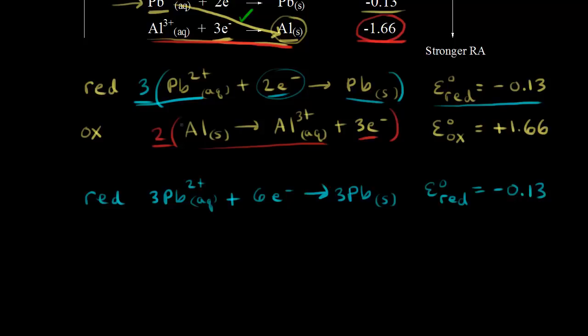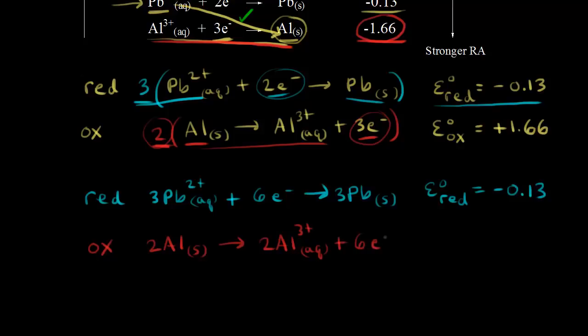All right, let's do our next half reaction, so our oxidation half reaction. So we would have 2 aluminum, and then this is going to give us 2Al3 plus and 6 electrons. 2 times 3 gives us 6 electrons. And once again, we do not multiply our oxidation potential by 2 because voltage is an intensive property. So our standard oxidation potential remains positive 1.66 volts.